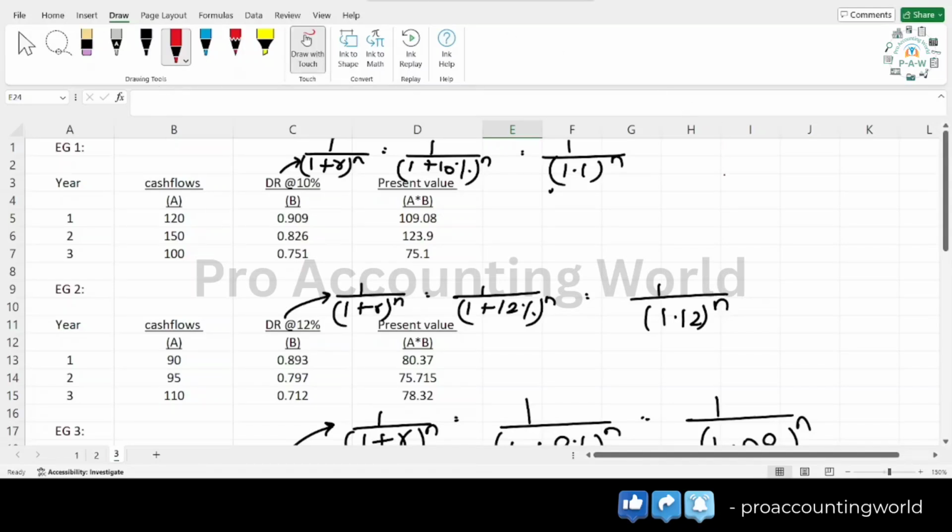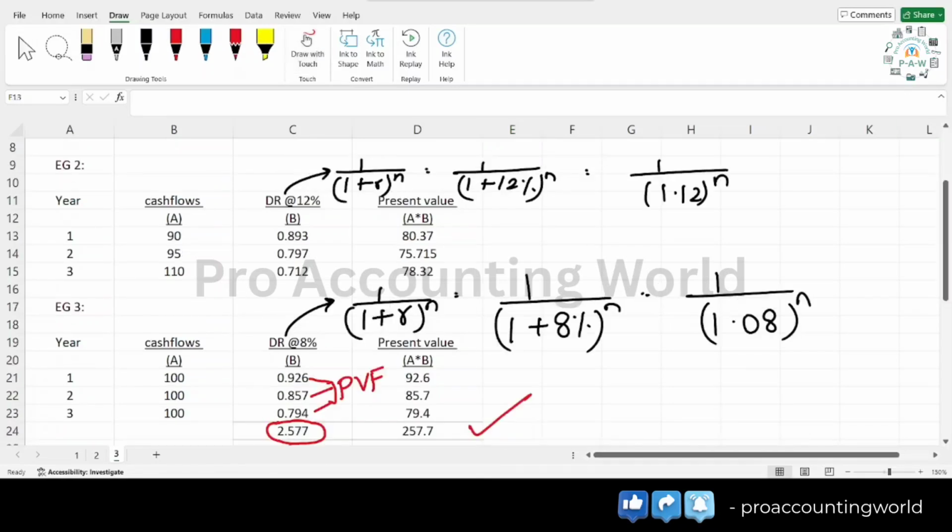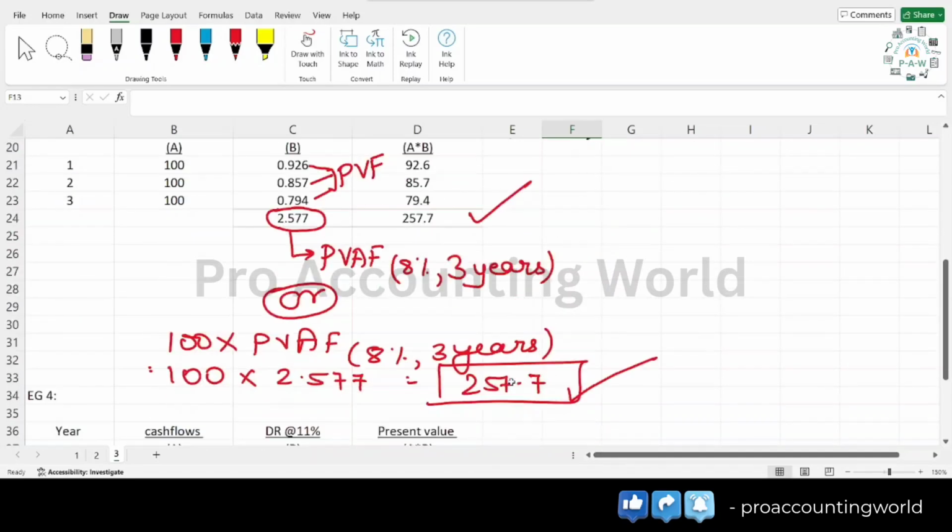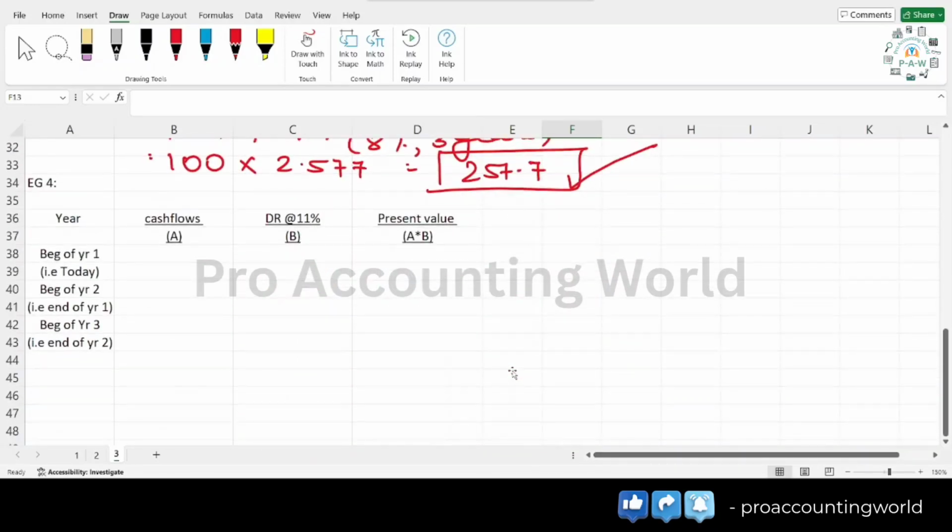Now, guys, as I said, when the question is silent, we assume the transactions are taking place at the end of each year. When transactions take place at the beginning of each year, the question will mention the same. So can you see here, the transactions are taking place at the beginning of each year.